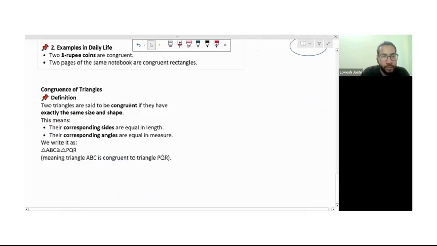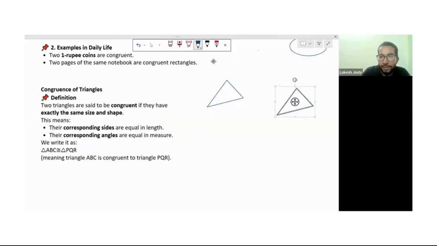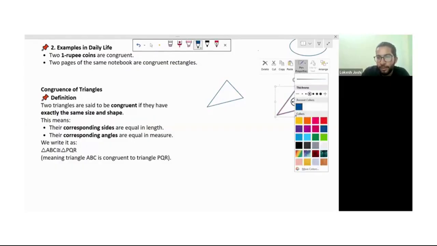Now if we come to congruence of triangles, two triangles are congruent if they have exactly the same size and shape. Suppose one triangle is that, and the other one is this triangle, of red color.